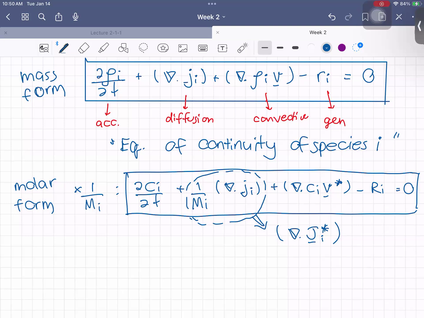But if we consider the overall mass in the system, for overall mass, we just have to sum all the species in the equation.